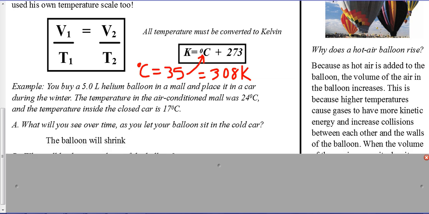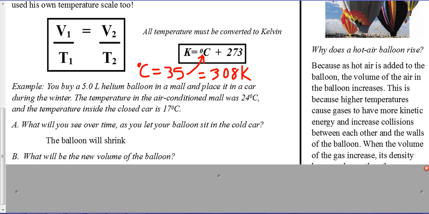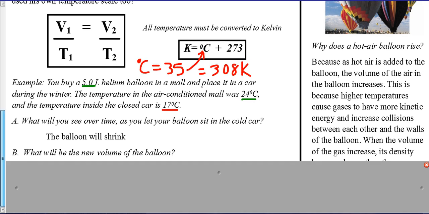Now we can actually solve this. What will be the new volume of the balloon? Well, we know the original volume is 5 liters. We also know that the initial temperature is 24 degrees Celsius. We know the final temperature is 17 degrees Celsius. And what we don't know is the final volume.